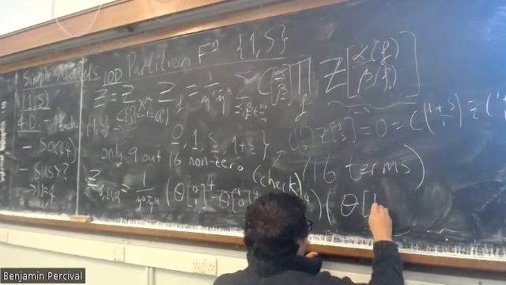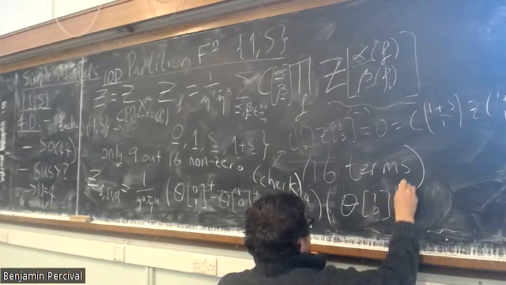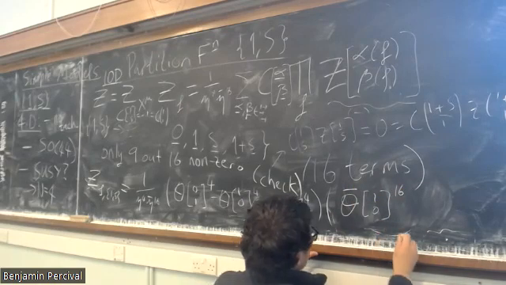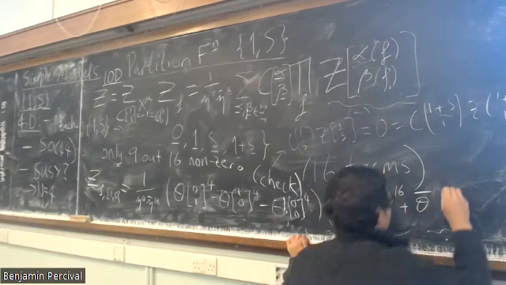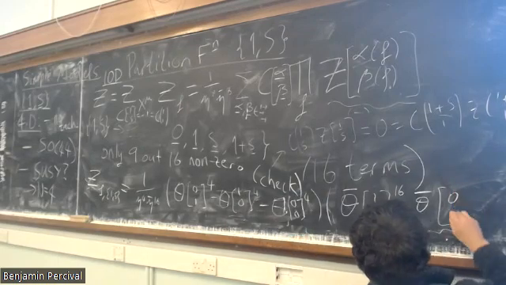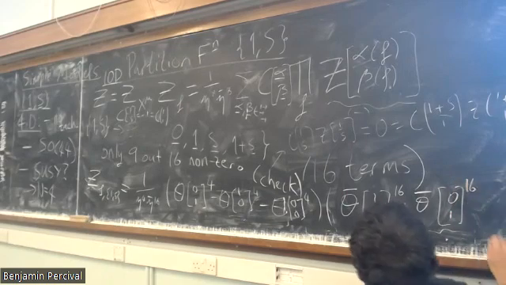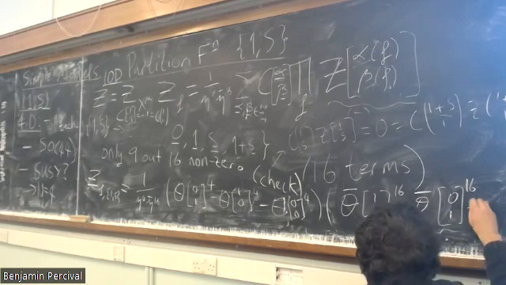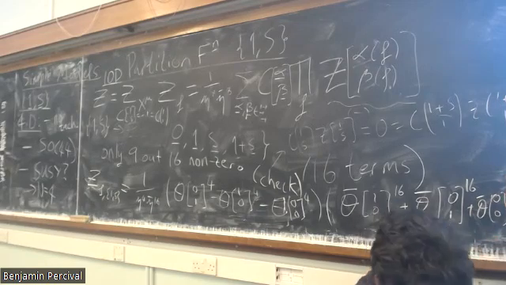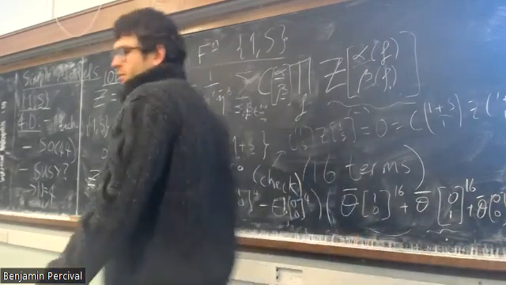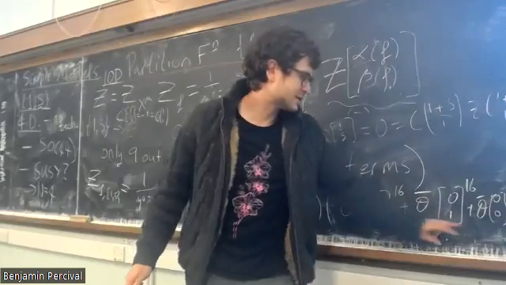You just get theta to the 16, theta bar, each one plus together, and then theta bar 0, 0. Okay. So the gauge parts all come with a plus.